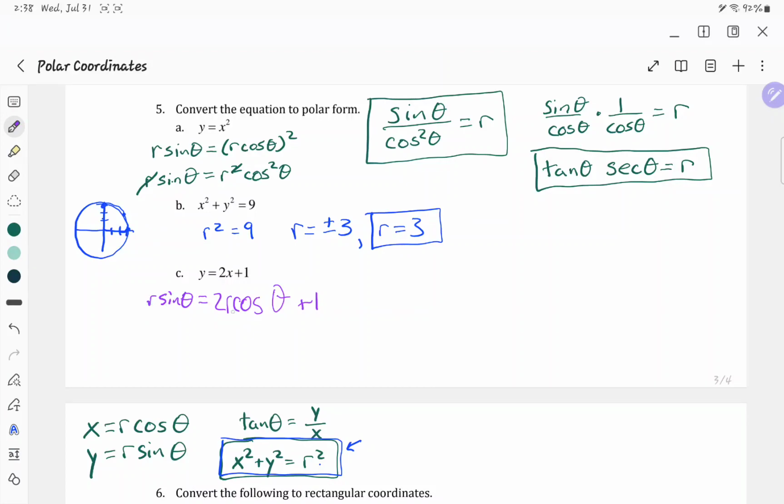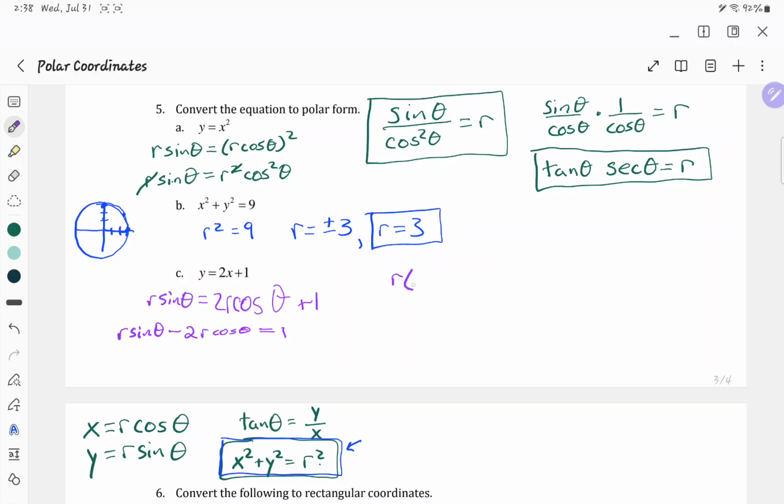Once we have this, I need to get the r's together. So I'm going to try to get both of these r's on the left side just by subtracting that 2r cosine theta. So this is going to be r sine theta minus 2r cosine theta, and then equals 1. All right, so that's what we get right there. Once I have that subtracted, I have an r in both of those, so I can go ahead and factor that out.